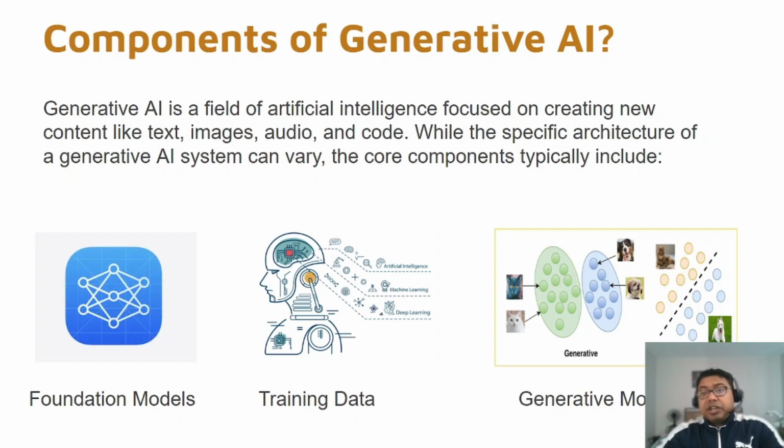Second one is training data. Third one is generative models. Now we'll go deep into each of these components to understand how it works behind the scenes. These are the core concepts which most of us do not know. Although we know ChatGPT, we do not know how it works. So let's learn it.